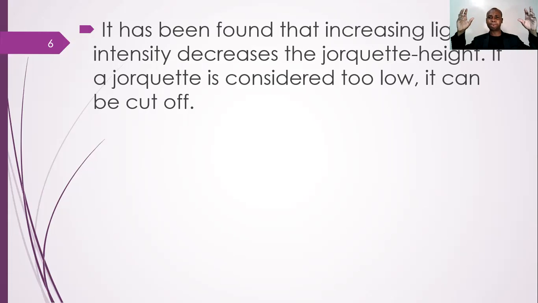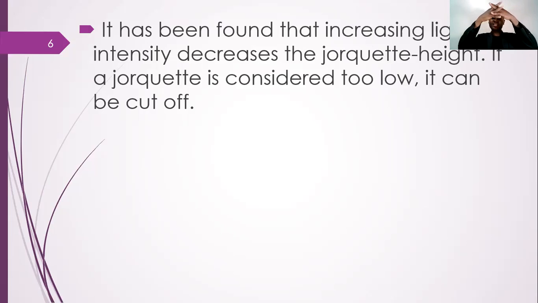So you need to make sure that you don't allow the jockey to fall lower, but you have a high jockey, because high jockey enhances light. Low jockey makes the farm look cloudy and dark, so less light on the farm.